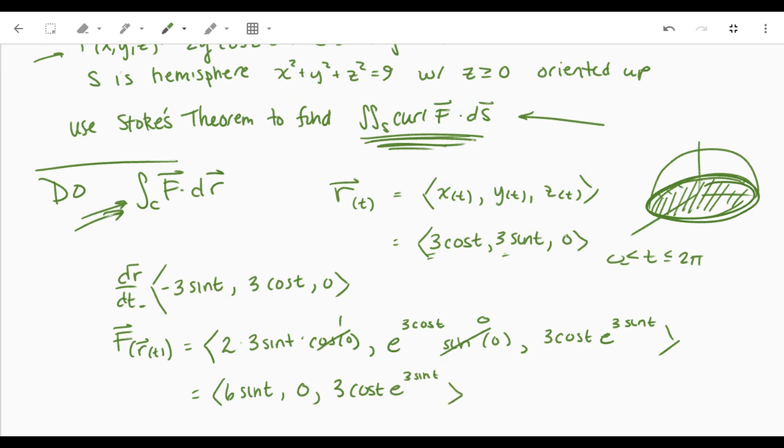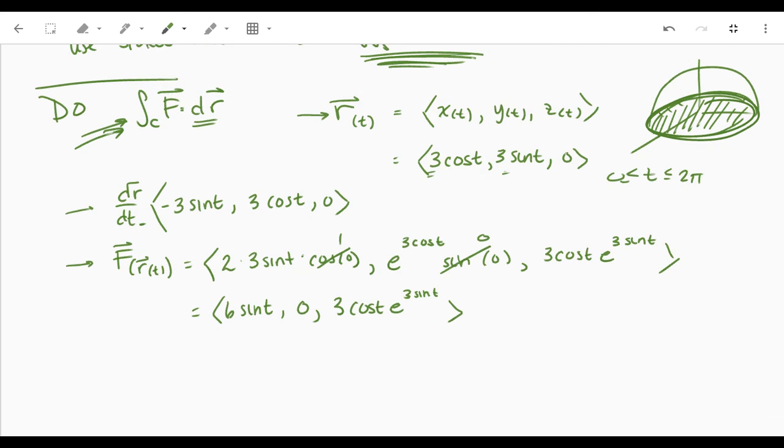Okay, so again, dr, where r is the boundary. Find your parametric equations for the boundary of the surface, and then dr dt, take the derivative of it, and then f is just your function in terms of those parametric equations, and then we have to take the dot product.